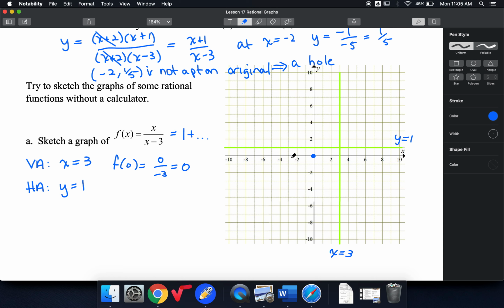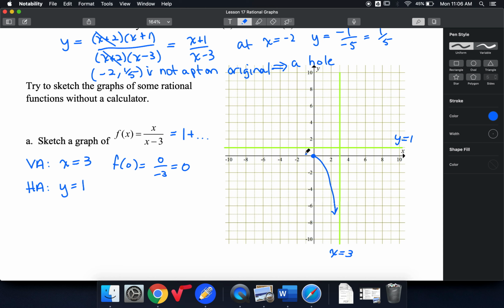So it seems to me that this is going towards negative infinity. And I bet on this side I'm going towards 1, but just less than 1. So let's think about a value like negative 1. So at negative 1, I'm going to have negative 1 over negative 4. That's going to give me 1/4, so I'm here.